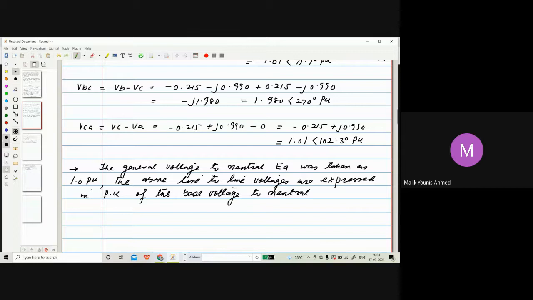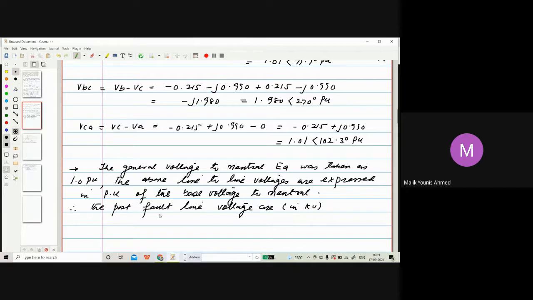It's very important. The line to line voltages are expressed in per unit, but the base voltages we have considered as phase voltages. This is a very important point. That means base voltages to neutral. So therefore, the post fault line voltages are in kilovolts or volts.